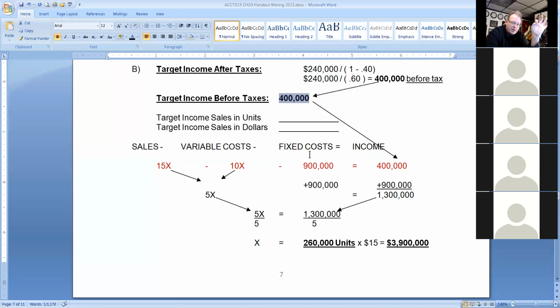And the reason for the 400,000 is it fits in this equation.